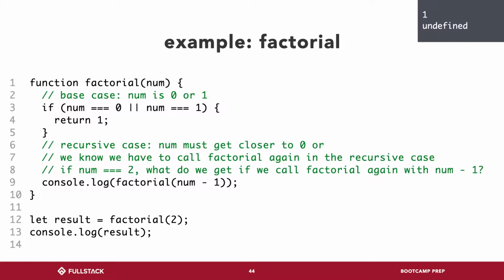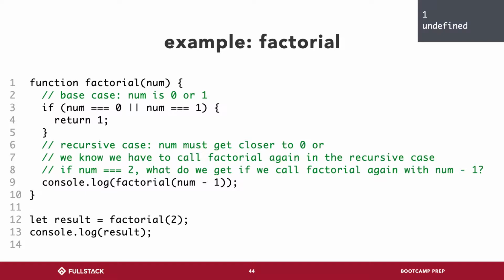But if you want to console log factorial of num minus 1, num minus 1 is 2 minus 1. 2 minus 1 is 1. So when you call factorial with 1, you do get a return value. So that's why you see the 1 up here, and that's why the 1 is before this console log.